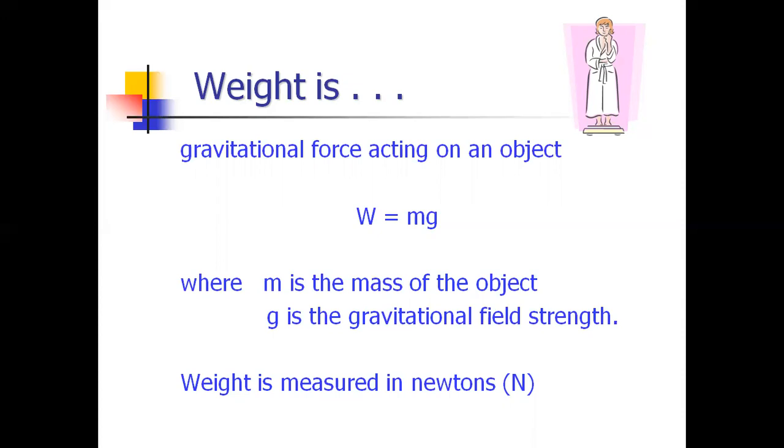For example, if the same object with 40 kilogram mass is taken to the moon, where the gravitational field strength of the moon is 1.6 newtons per kilogram, then the weight of the object will change there. But mass will remain constant on both the earth and the moon. It will remain the same, that is 40 kilograms, but weight will be different on the two different planets.